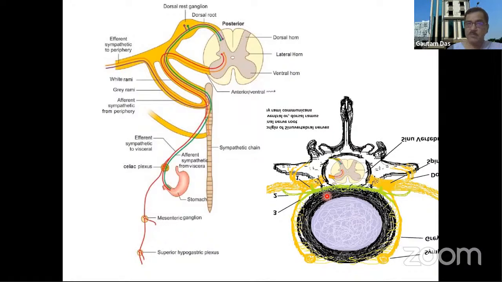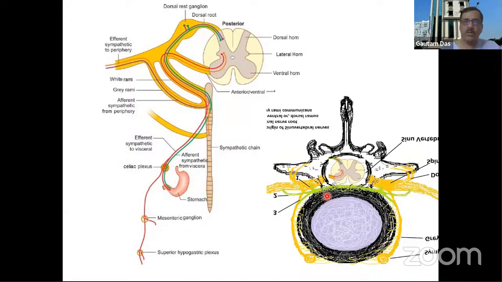So the most important difference is that internal disc disruption patients present with vague back pain, and disc prolapse patients present with radicular, dermatomally distributed leg pain with or without some neurological signs. So this is how a disc prolapse patient presents.